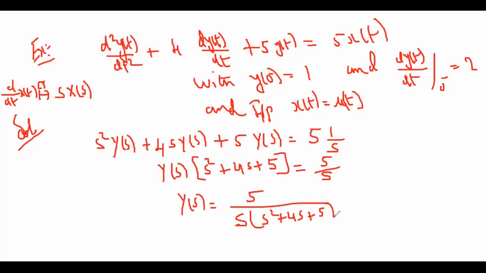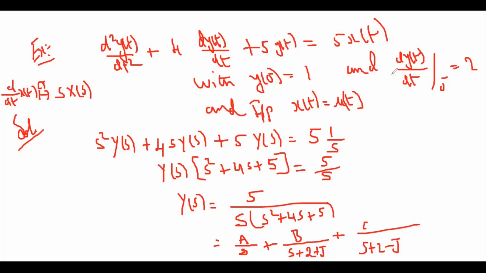Now, what is the s square plus 4s plus 5? There are no direct real roots; definitely it is complex roots only. I am writing here a by s plus b by, and this function you can write as s plus 2 plus j, plus c by s plus 2 minus j.